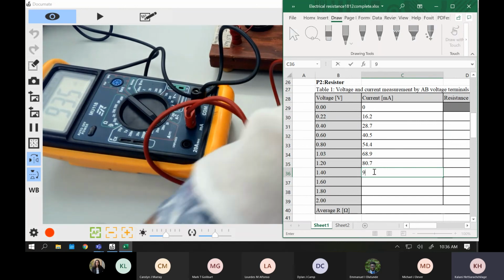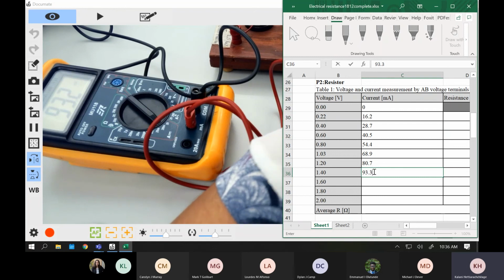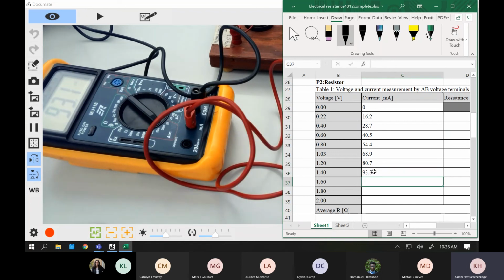You guys can type my number if you want, but you're going to connect the circuit for the next one. That's the advantage. You guys can write my numbers, okay? If you can read it. 1.42 and 1.6.